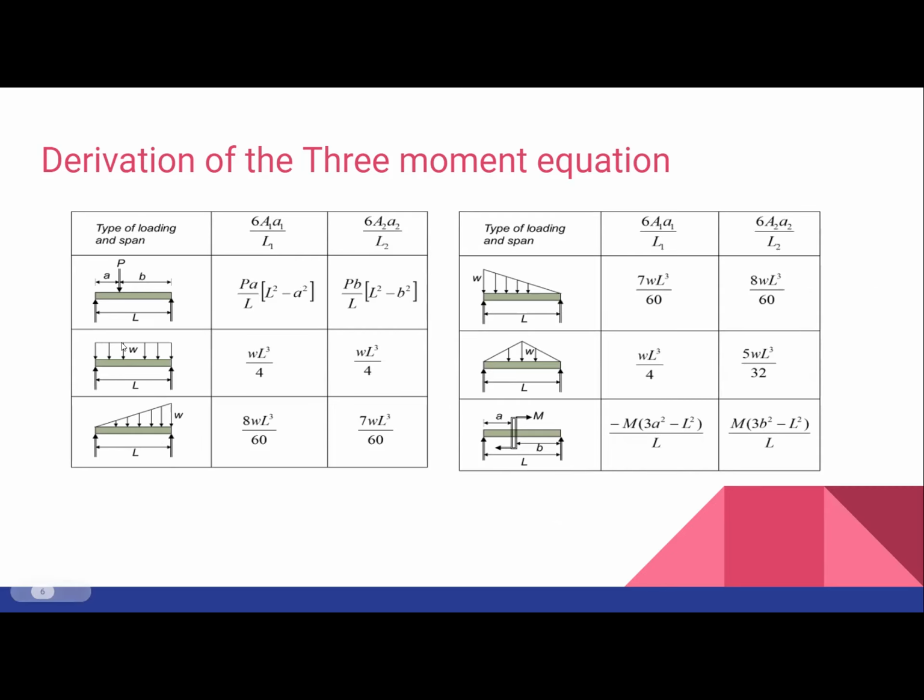So these are the types of loading and the end span of the 2 points. So for example, ito yung point A, ito yung point B, and then you have a load at an arbitrary distance. To get the value of your 6A1 a1 over L1, you would have to use this. And then same sa 6A2 a2 over L2.